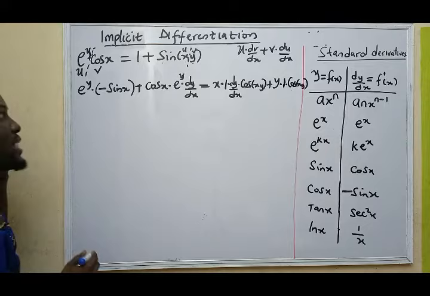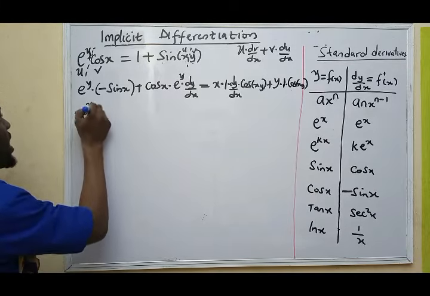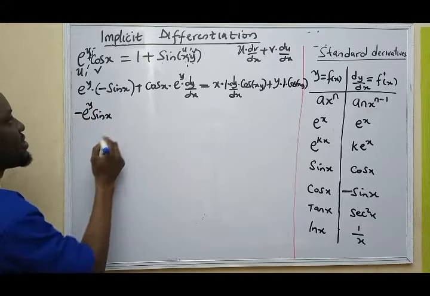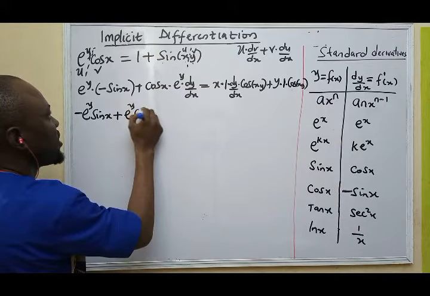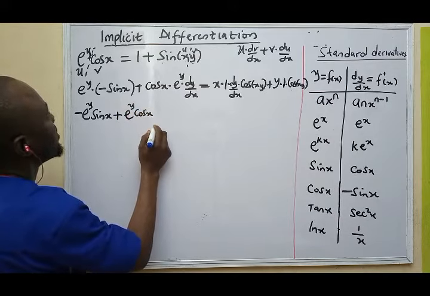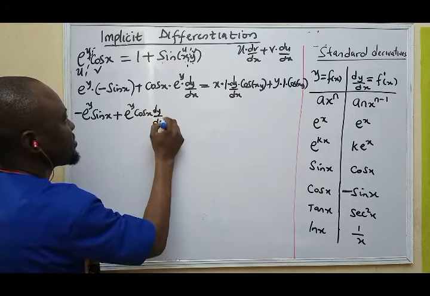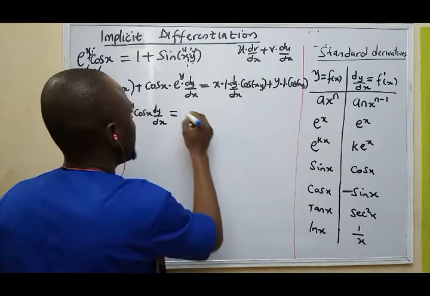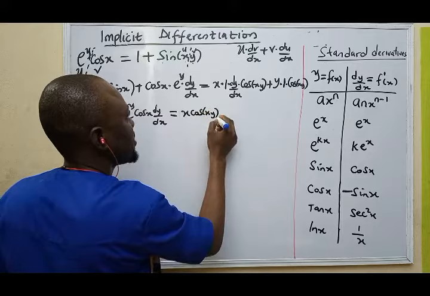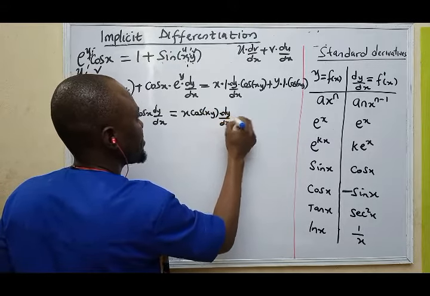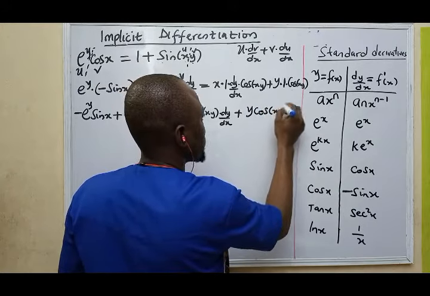Now I'm going to tidy this up. This will give me minus e^y sine x plus e^y cos x dy/dx equals x cos xy dy/dx plus y cos xy.